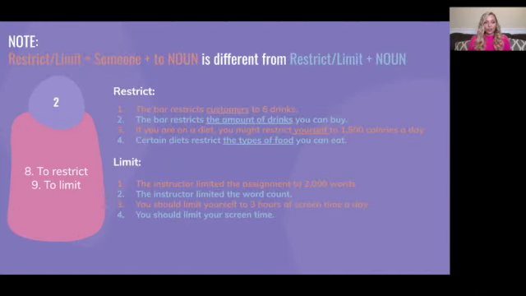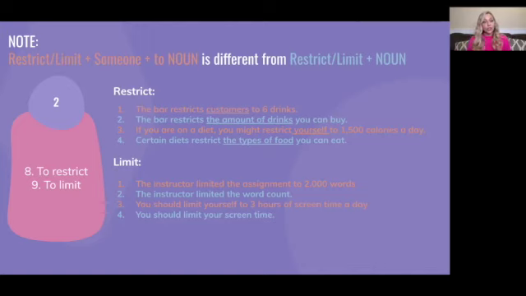So one little note, just notice that restrict or limit someone to something is different from restricting or limiting something. I'm going to contrast these two again with our examples with restrict. Number 1, the bar restricts customers to 6 drinks. So you can restrict customers to, and then another noun.